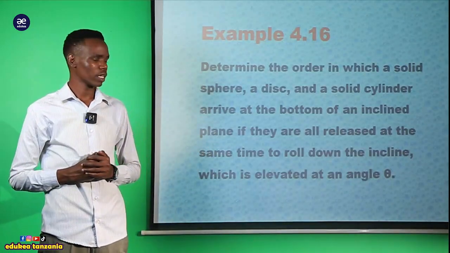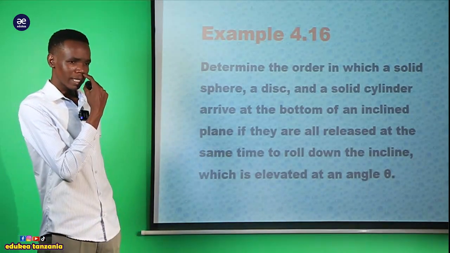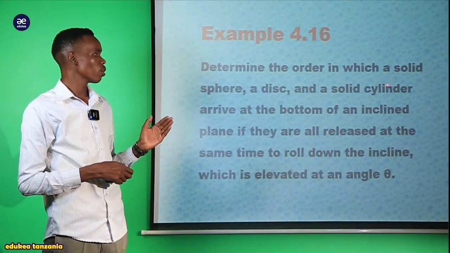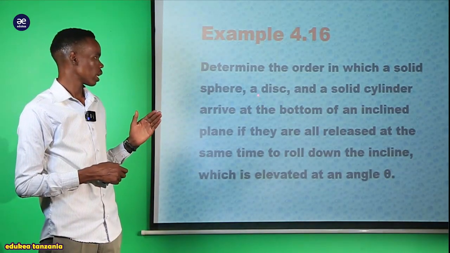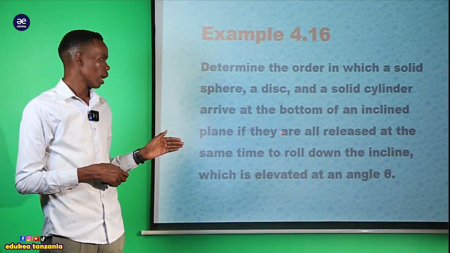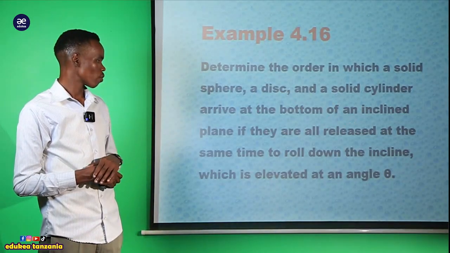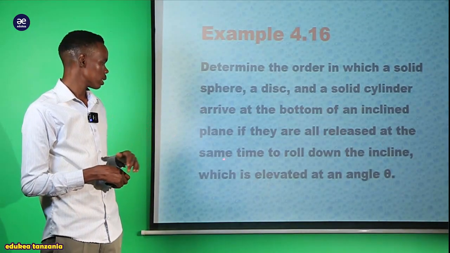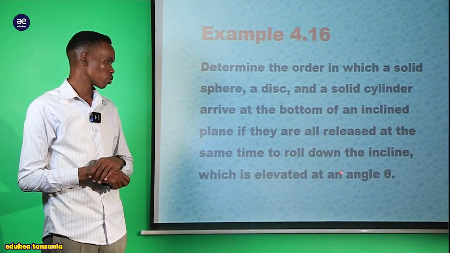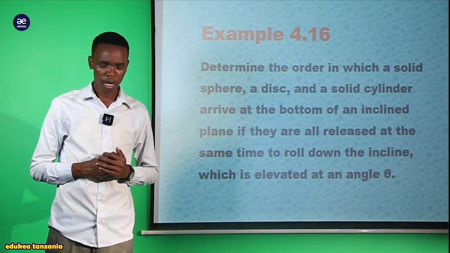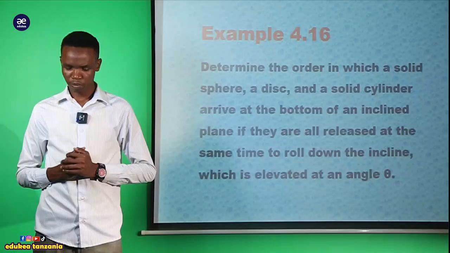It says: determine the order in which a solid sphere, a disk, and a solid cylinder arrive at the bottom of an inclined plane if they are all released at the same time to roll down the inclined plane, which is elevated at an angle theta.